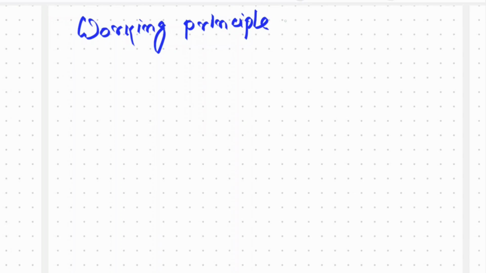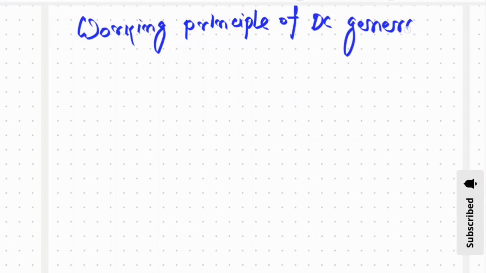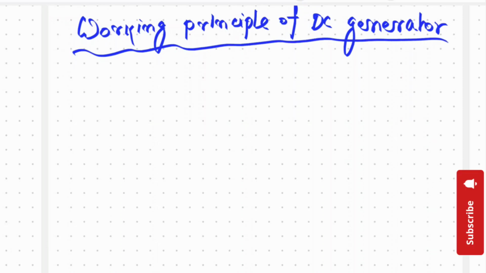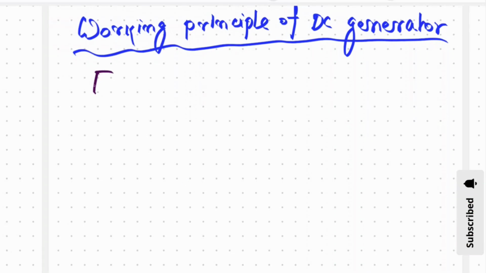The last question is the working principle of a DC generator. The basic principle is that a DC generator works on Faraday's laws of electromagnetic induction.